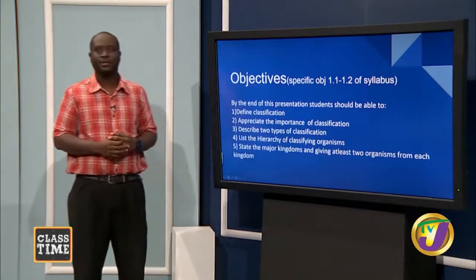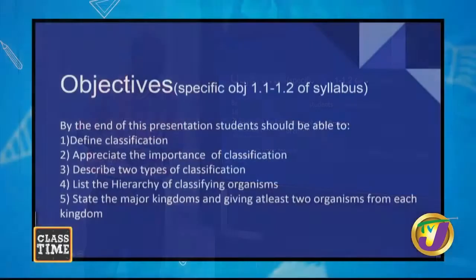Now, the objectives for this morning's lesson, as projected: you need to know how to define classification. You also need to appreciate the importance of classification, describe 2 types of classification, list the hierarchy of classifying living organisms, as well as state the major kingdoms, giving at least 2 examples of organisms for each kingdom.